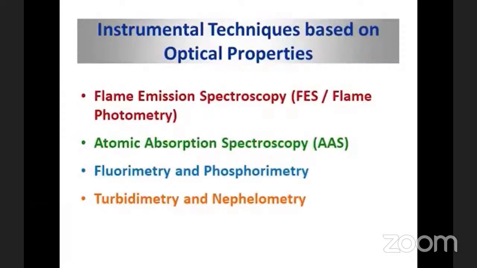These two are examples of atomic spectroscopy. Then fluorimetry and phosphorimetry, which are examples of molecular spectroscopy. And last, turbidimetry and nephelometry. So these four instrumental techniques we are going to study in today's lecture.